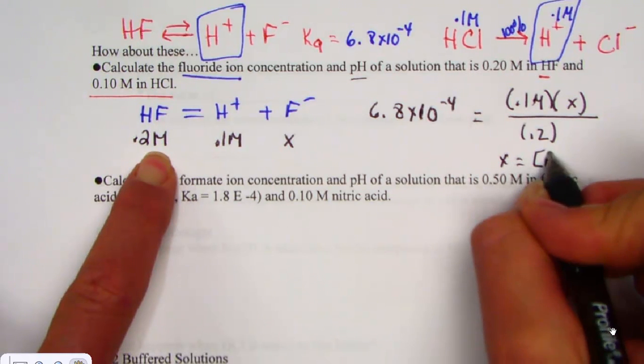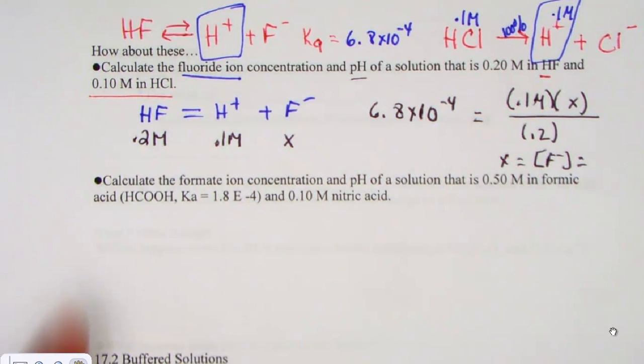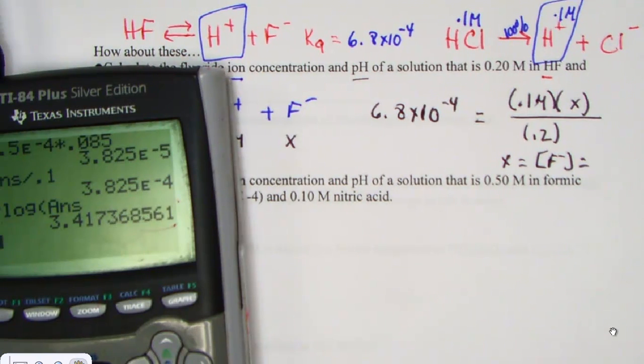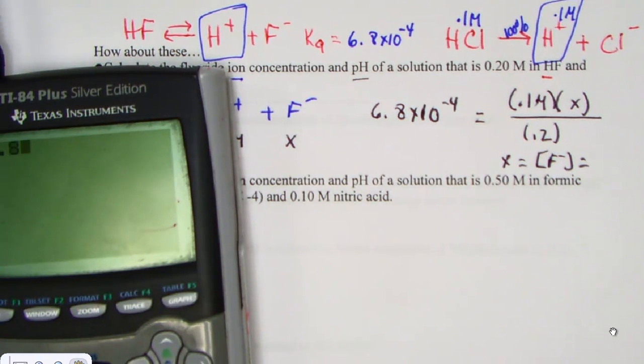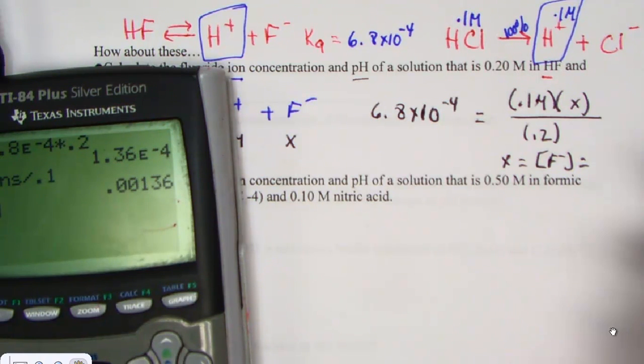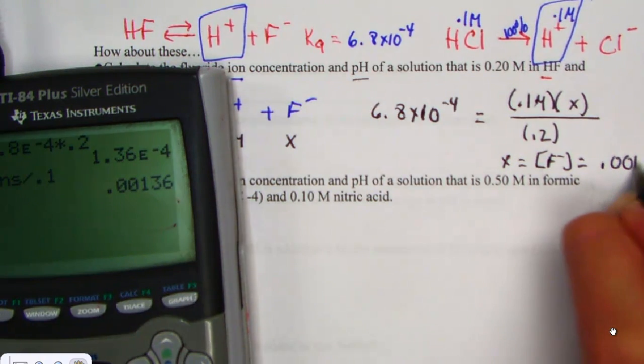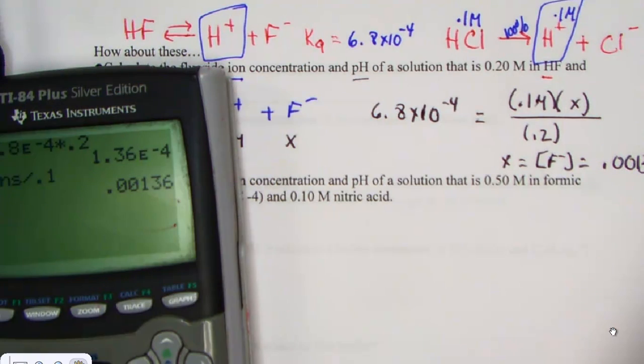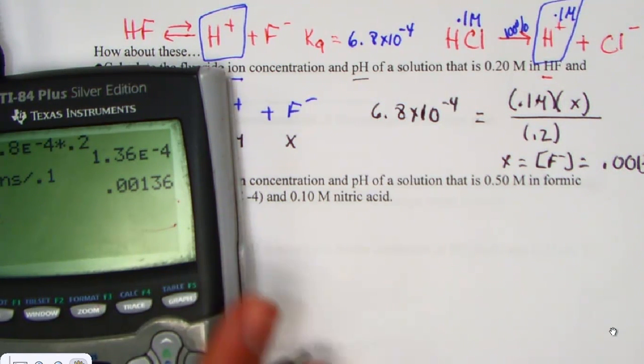Solving for X, knowing X is giving us the fluoride concentration that we have in our equilibrium. 6.8 E negative 4 times 0.2 divided by 0.1. And we get a value of 0.00136 molar, the concentration of fluoride.